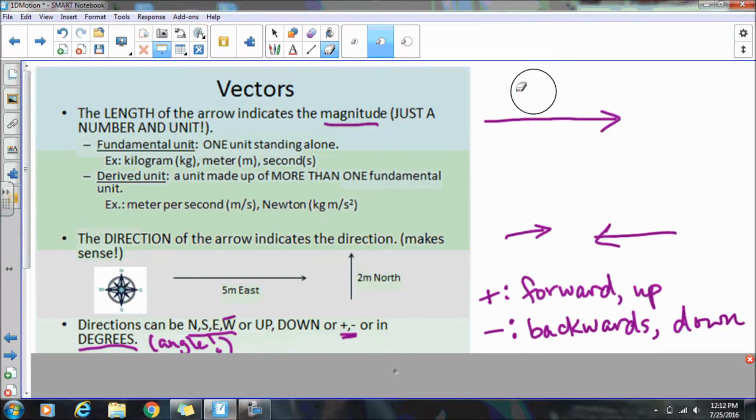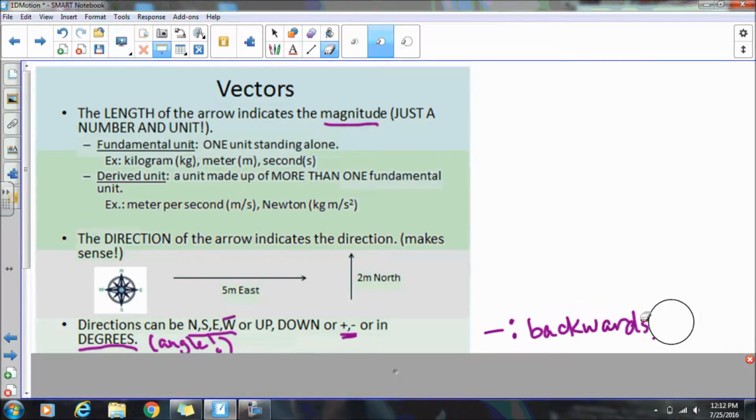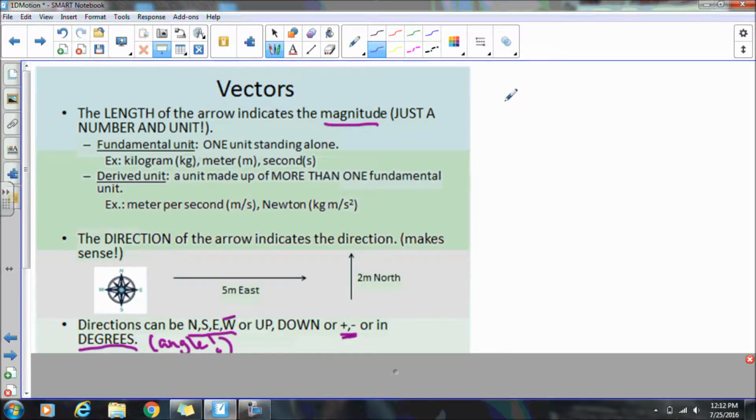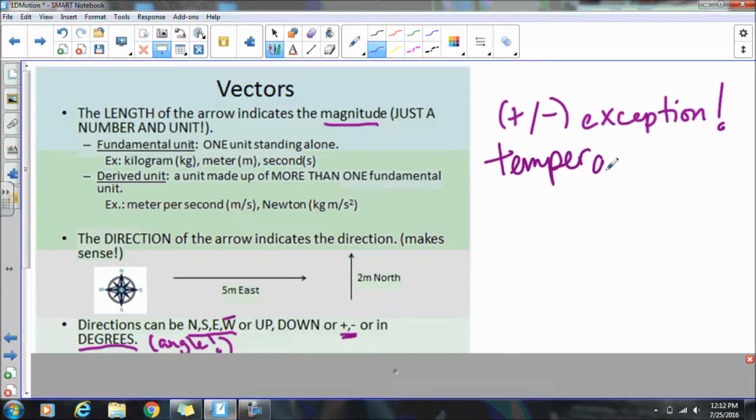Now I'm going to erase some of this and talk about the one exception to this positive, negative, and degrees rule. So here, we'll put this as positive, negative, exception. And that would be temperature. Temperature is based on a scale. This is just a number.